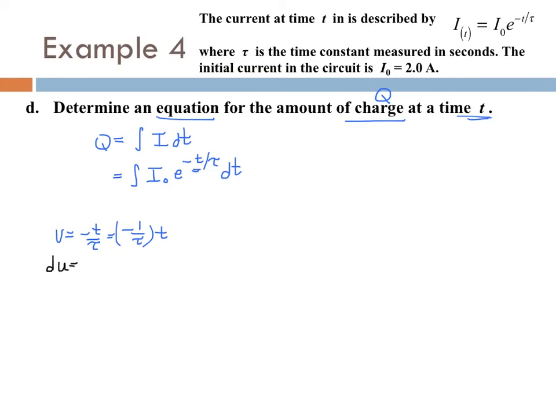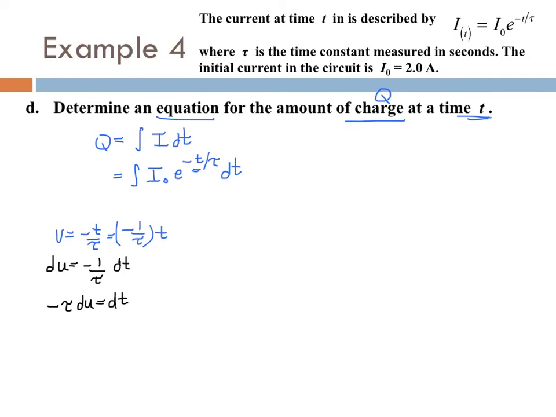Well, the derivative of this is just negative 1 over tau dt, because again, tau is a constant here. So I'm going to rearrange this to get negative tau du equals dt.